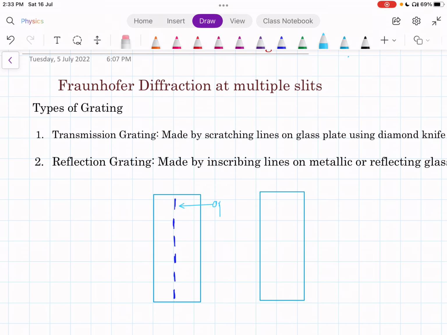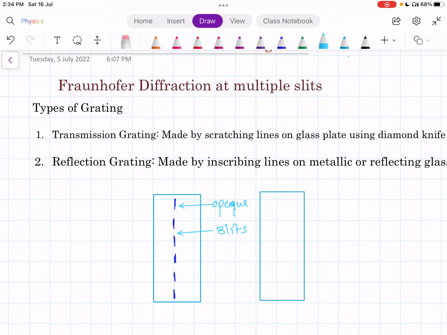Lines are opaque to the light; light cannot pass through them. And the space between the lines is called slits, through which light can pass. But the width of the slit is comparable to the wavelength of light. Then only diffraction can take place when light passes through the grating.